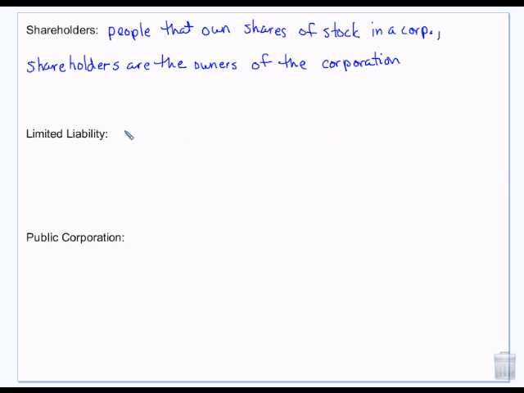Okay. Limited liability, the owner cannot lose.